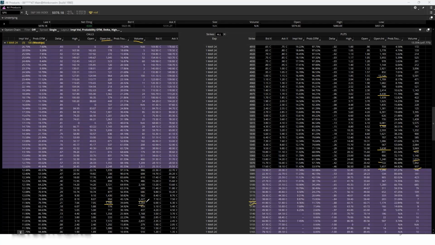These could be speculative bets on a run up in the S&P following the reports that are due out. Not extremely notable, but we're seeing it on the call side, not really so much on the put side. I mean, there are some.